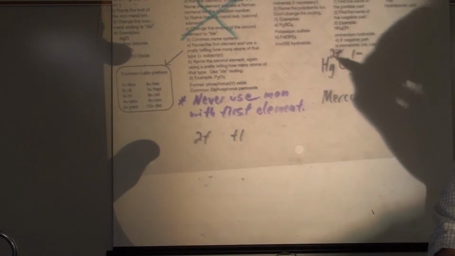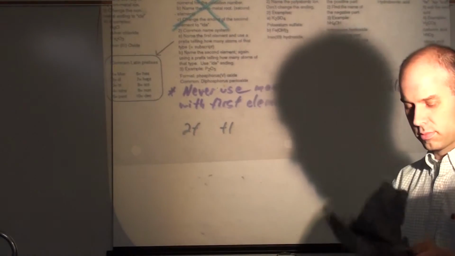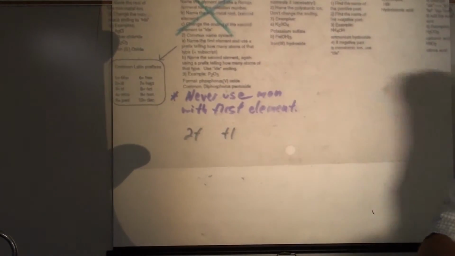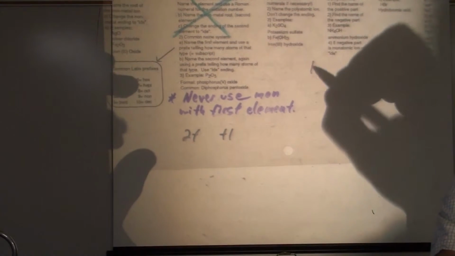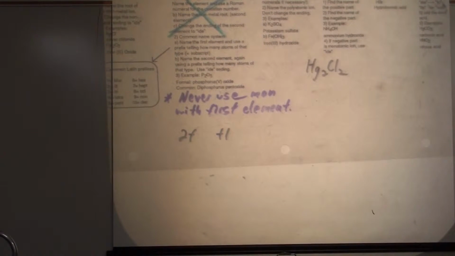+2, you reverse the numbers. Now what if it is this formula? So mercury 1 is the one that kind of messes people up.